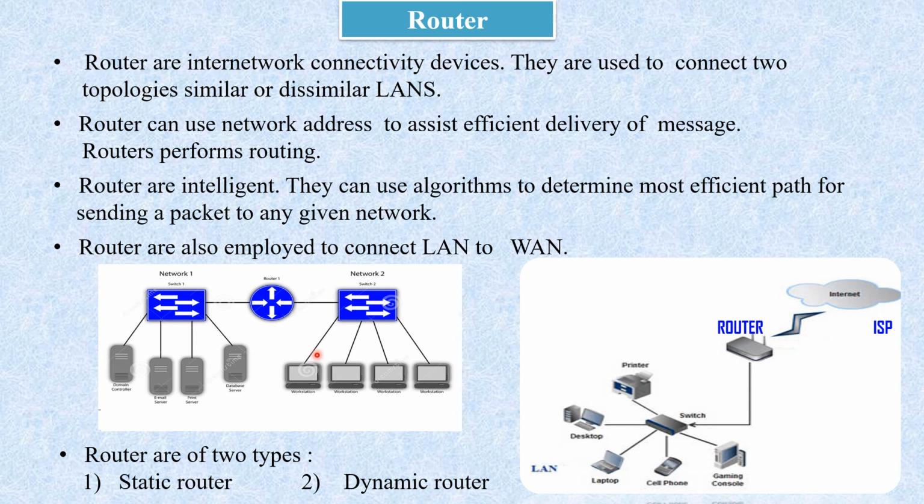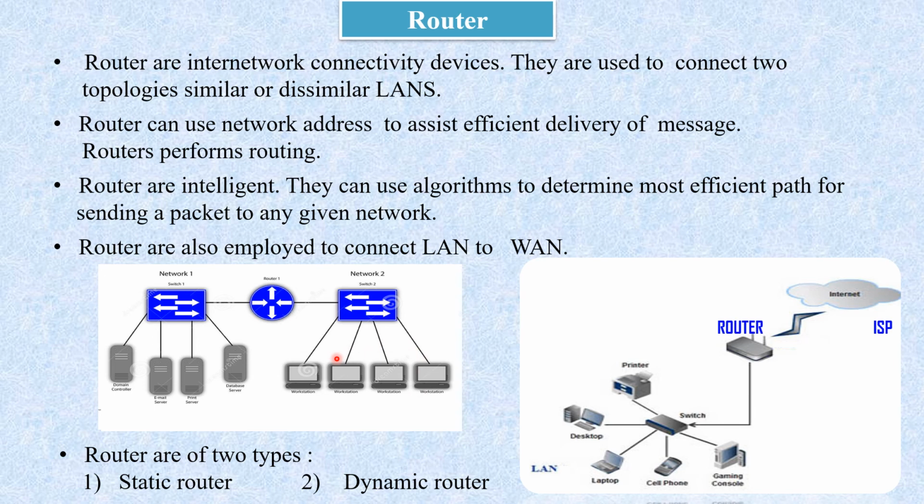Let us understand with an example. A LAN uses an IP address scheme that starts with the IP address 10 for all the devices in that local area network. We have another LAN that starts with the IP address 500. The computer starting with IP address 10 wants to communicate with the computer starting with IP address 500.